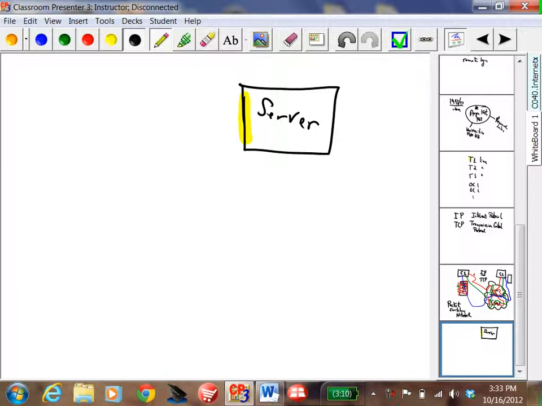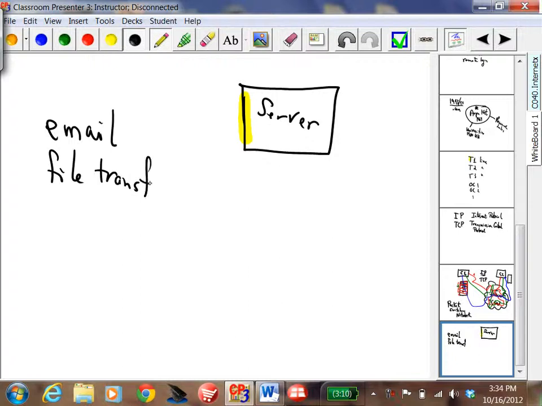Now, I said originally the internet did email and did file transfer and did remote logon.